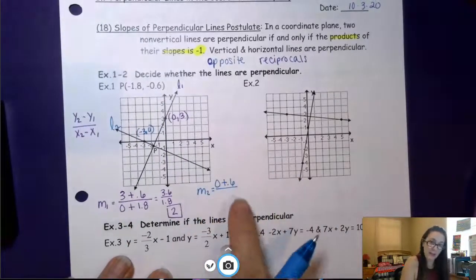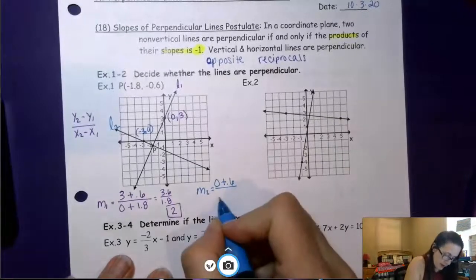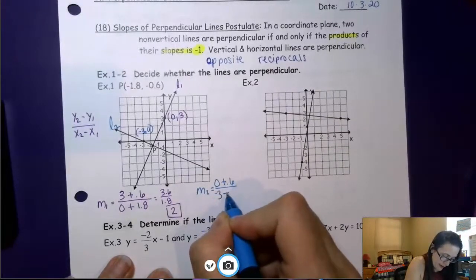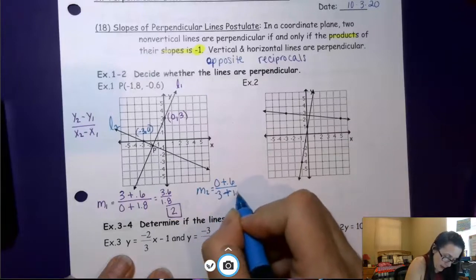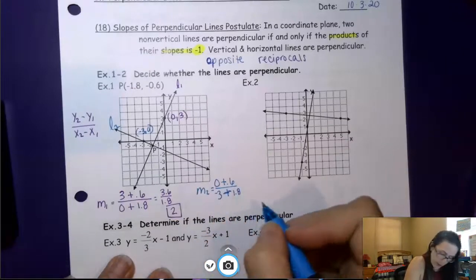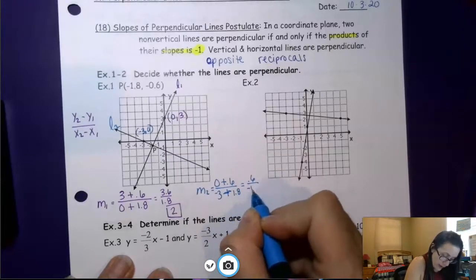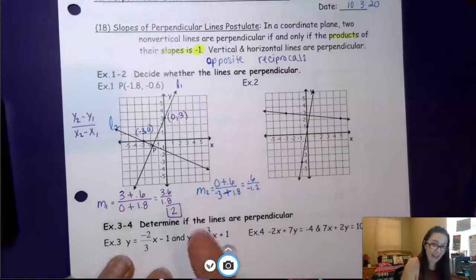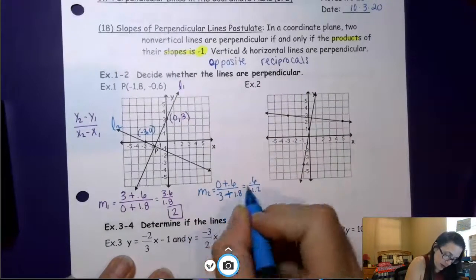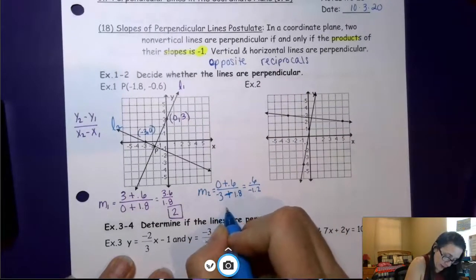Minus a negative makes that a plus. Then I'm going to start with -3 minus a negative makes it a plus 1.8. So here I have 0.6 over -1.2. Again, that's exactly right. So we have a -1/2.